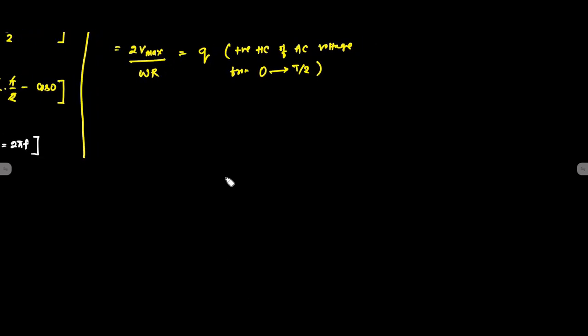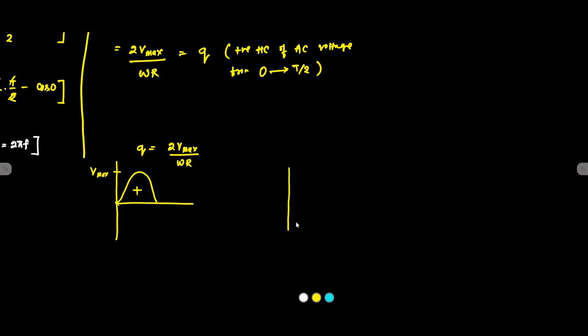Here we have the positive half cycle of the alternating voltage. It transferred a charge of Q is equal to 2 V max by omega R. We want to find out its equivalent DC representation. This is from 0 to T by 2.